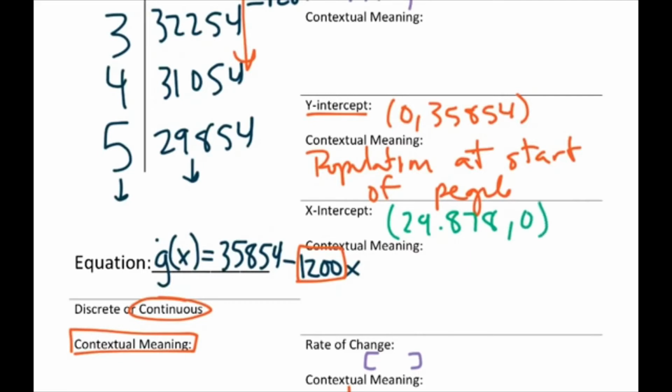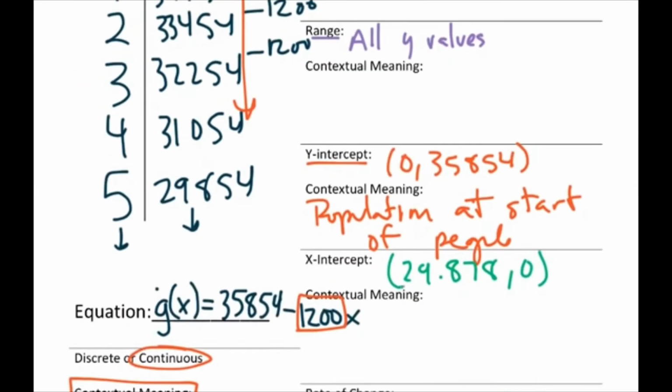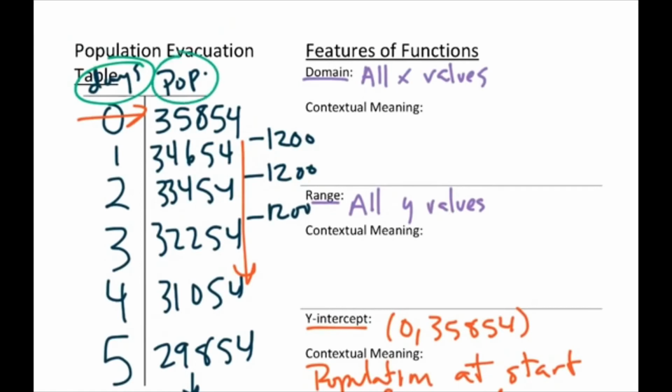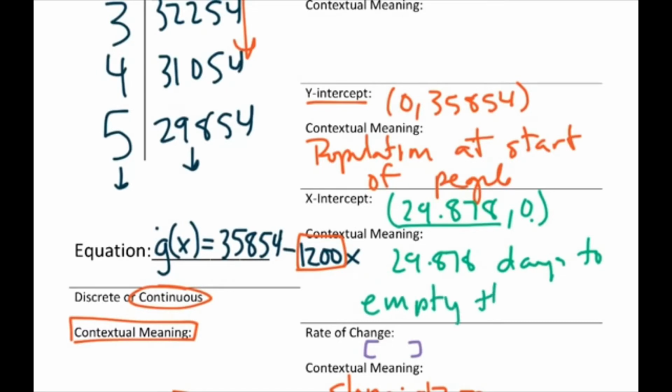Okay, and what does that x-intercept mean? Well, the x value, remember, stands for days. So it would take us 29.878 days to have 0 y, and y is our population. So what's our contextual meaning? 29.878, basically 30 days to empty the city. Okay, that's what that contextual meaning is.